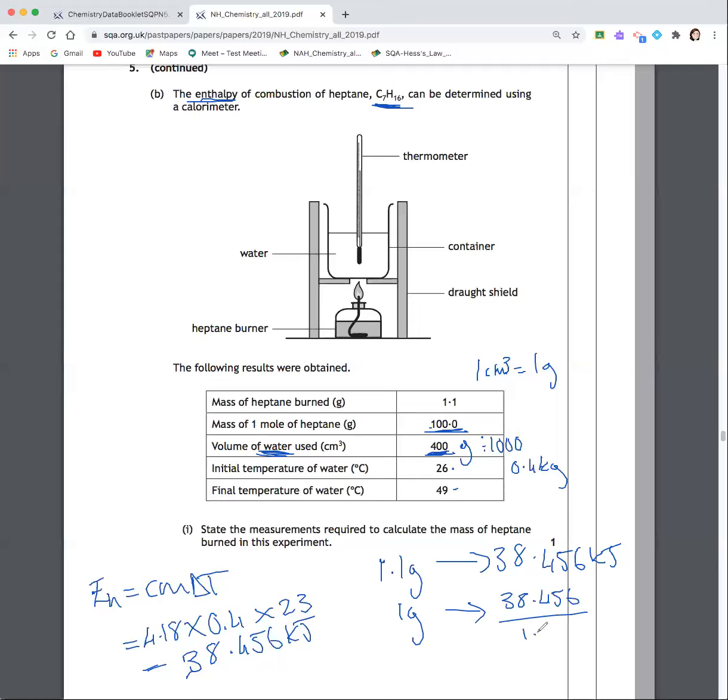So we find 1 gram first, so that would be 38.456 divided by 1.1, and then we'll multiply it up to find what 100 grams would give us, so 38.456 over 1.1 times 100.